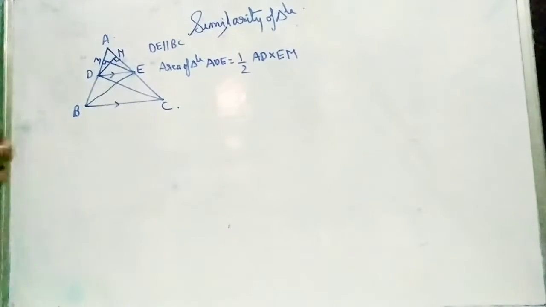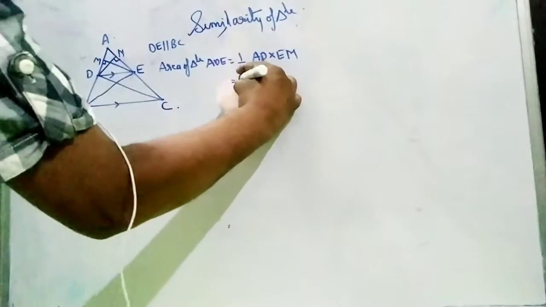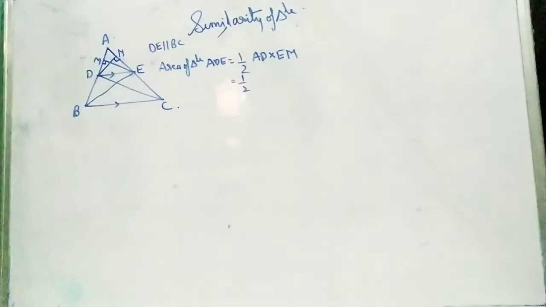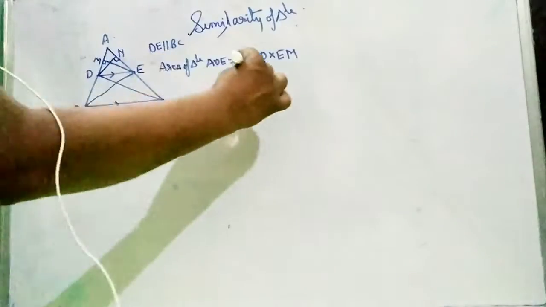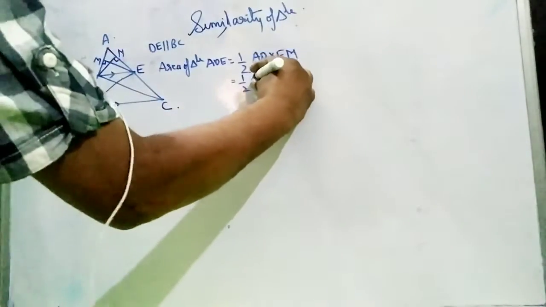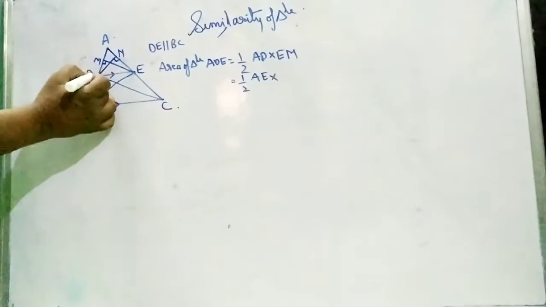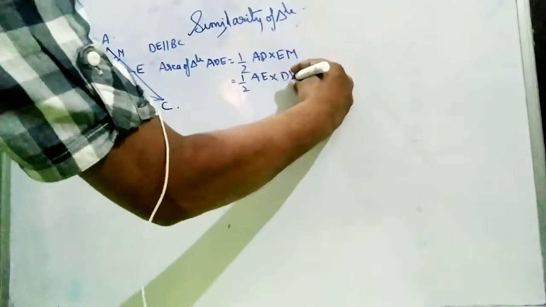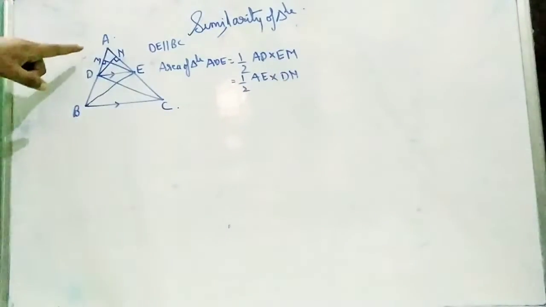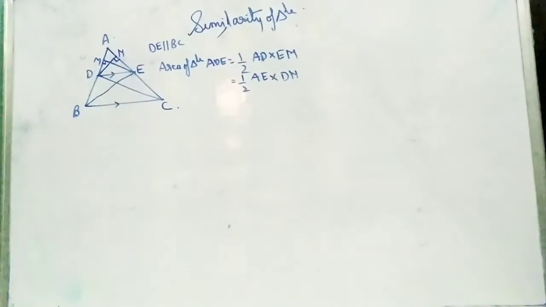Is this clear? Even we can write half AE into DN. Both will give the area of triangle ADE.